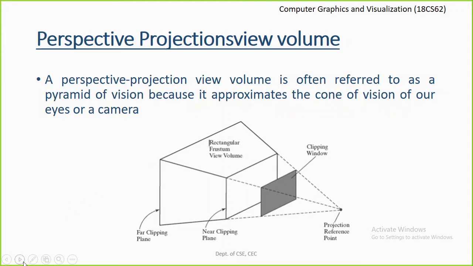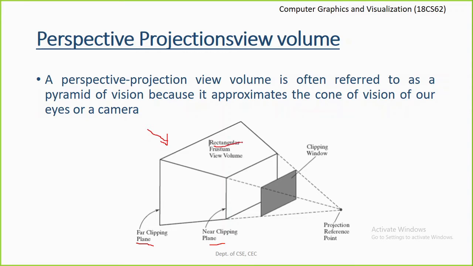This shape that we have here is what we call a frustum. It is basically a pyramid which is truncated at the top, and the near and far clipping planes are used to truncate the pyramid. So remember, the shape of the perspective projection view volume is called the rectangular frustum, and we call that view volume the rectangular frustum view volume.